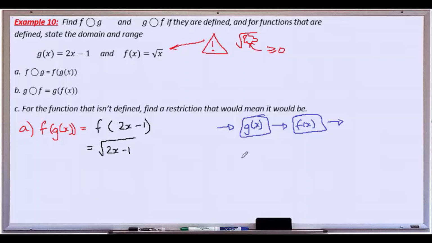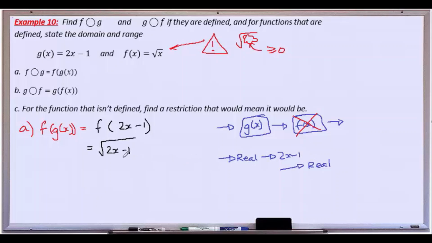Now, if g of x is 2x minus 1, if I have all real numbers going into 2x minus 1, I'm going to get all real numbers coming out of 2x minus 1. This isn't a parabola, there's no restriction here. Which means that if I have real numbers coming out and going into a square root function, it won't work.